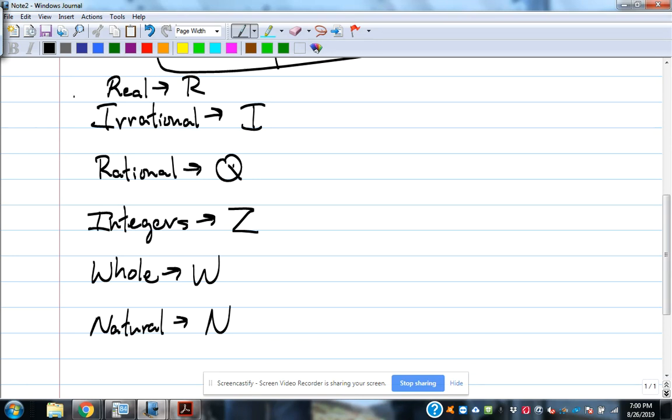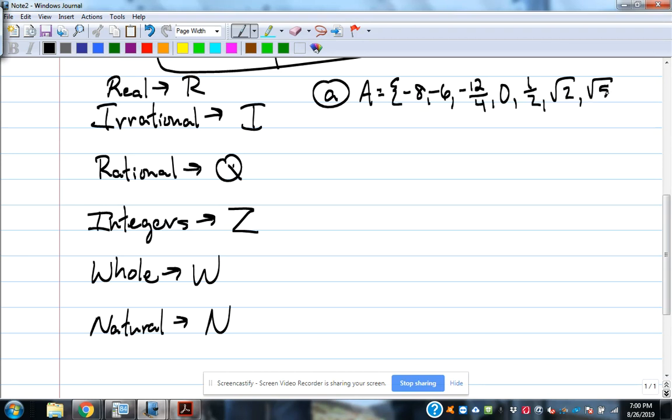Okay, so what we're going to do is take a set. So here's our set, A, and I'm just going to pick some numbers: -8, -6, -12 over 4, 0, 1/2, square root of 2, square root of 5, and 6. So those are the numbers that are in my set A. And then I want to list the subsets.